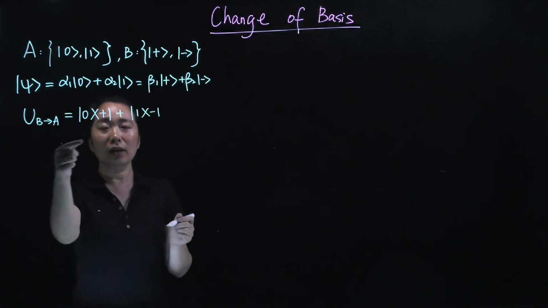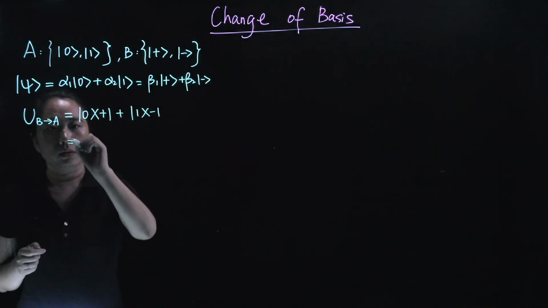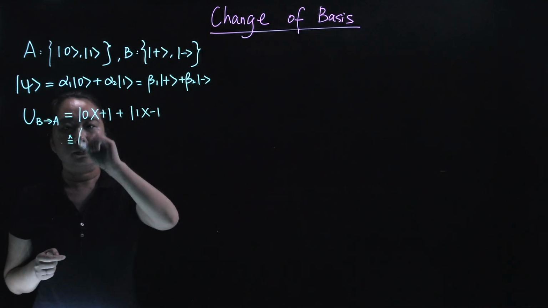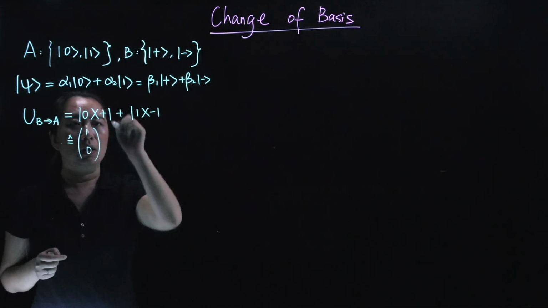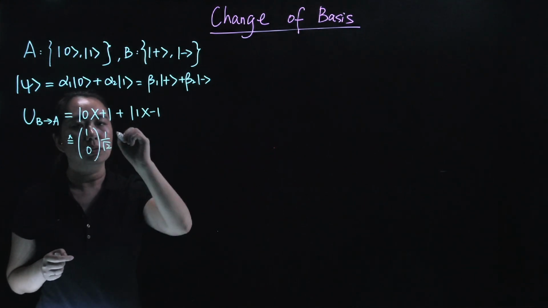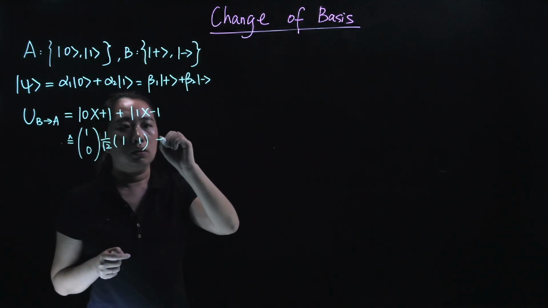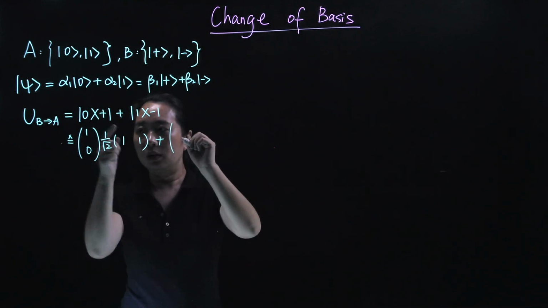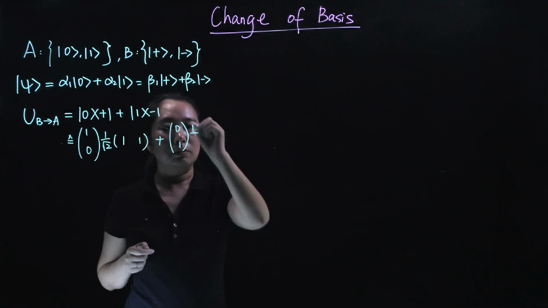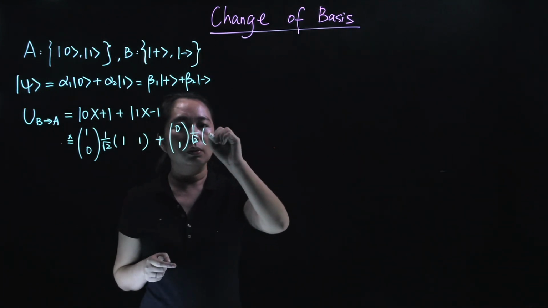And what is this operator in the matrix representation? So the ket 0 is the column 1, 0. Bra plus is the row 1 over square root 2, 1, 1. Ket 1 is the column 0, 1, while bra minus is the row of 1 over square root 2, 1, minus 1.